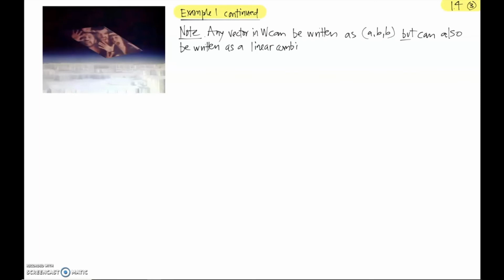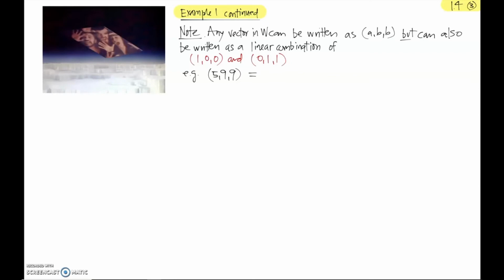That phrase is going to come up again and again. A linear combination of those 2 important vectors that we just saw, (1, 0, 0) and (0, 1, 1). So for example, take some arbitrary element of W, like (5, 9, 9).